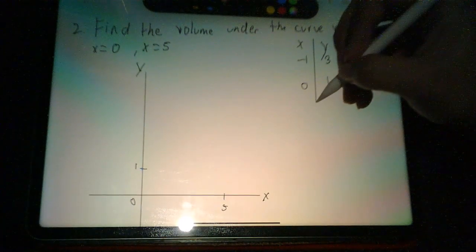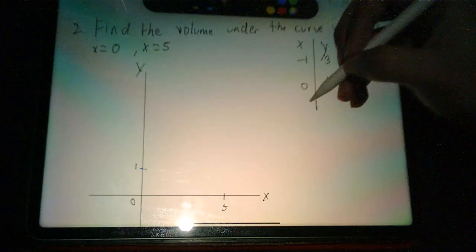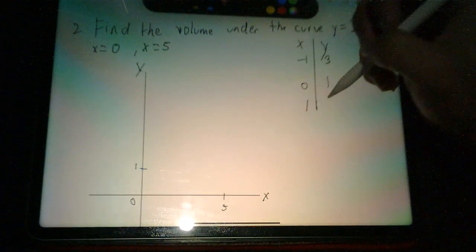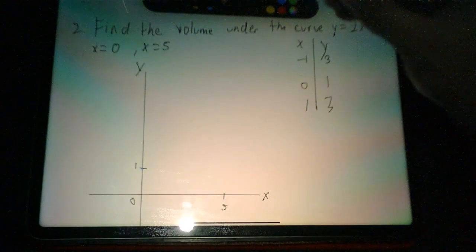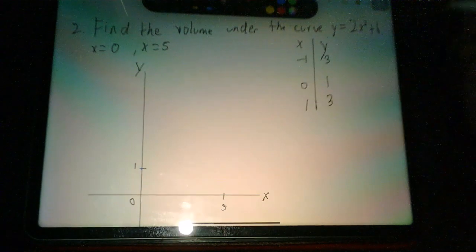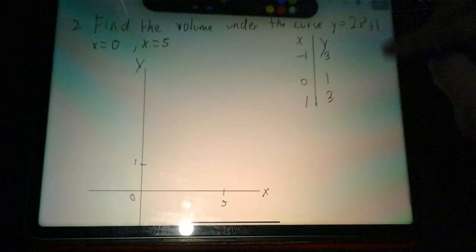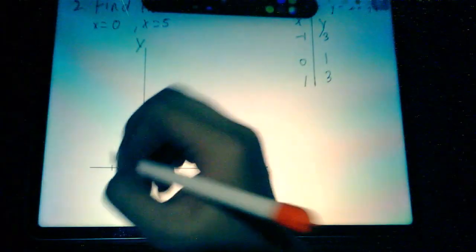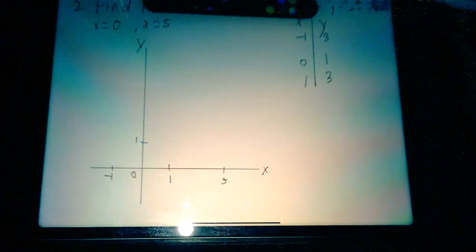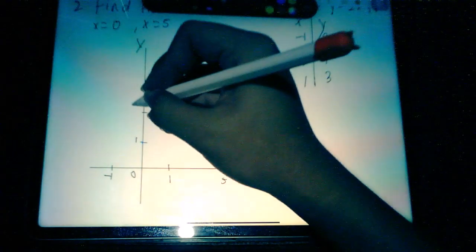And what if we put 1 here also? It's just the same: 1 and 3. So we put the point. This is negative 1 and this is positive 1, with points up to 3 here.